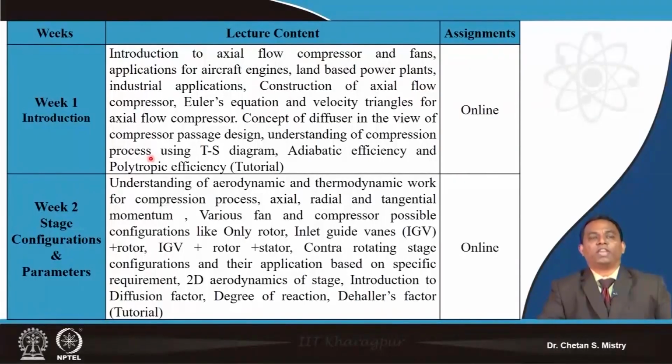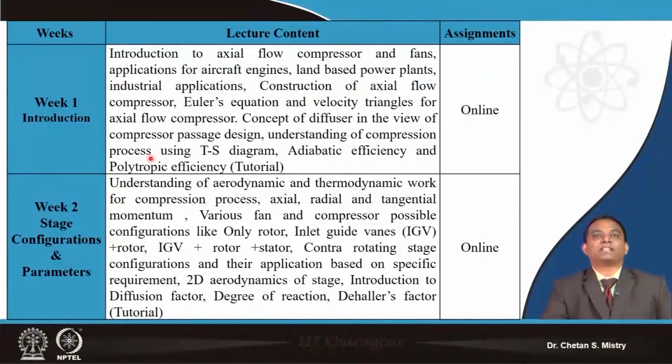In the first week we will discuss the introduction of axial flow compressors and fans with their applications. We will discuss the construction details of the axial flow compressor. We will also discuss the fundamentals of Euler's equation and velocity triangle. You might have studied that in your basic course, but as per our requirement for the design, we will discuss it in detail. Then the concept of the diffuser.